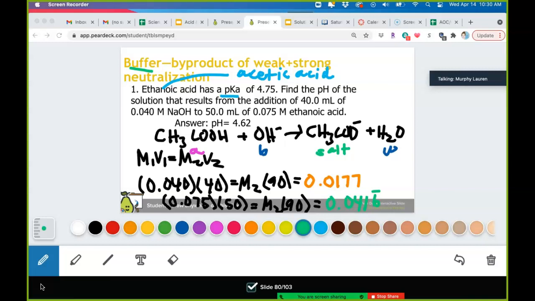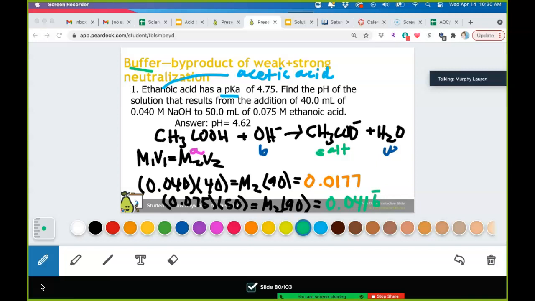Okay, so we have these numbers, right? So, to recap, we have a neutralization reaction. A weak acid and a strong base are reacting to give us salt and water. We had to dilute them because they got mixed together. So dilution does occur. We have not yet reacted them, but we need to.